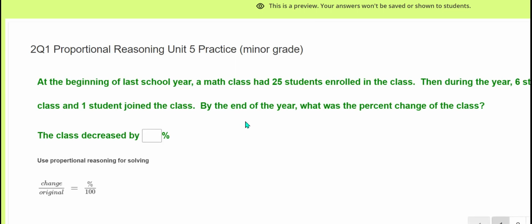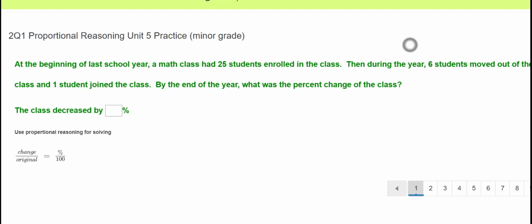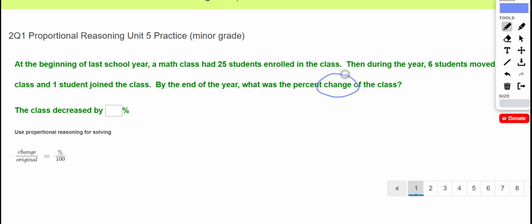We're going to look at problem number 1. At the beginning of the school year, we had a math class of 25 students enrolled in the class. During the year, 6 students moved out of the class and 1 student joined. By the end of the year, what was the percent change of the class? So we're looking at the change and the percent.